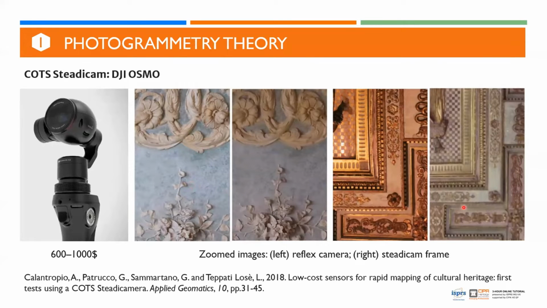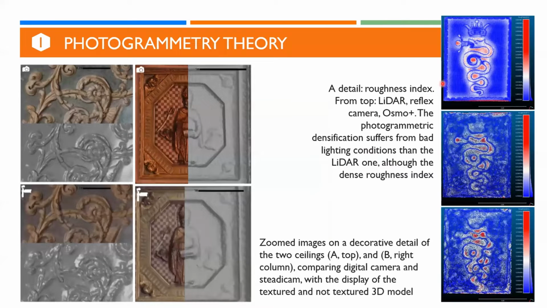So you can understand, especially from this part, that not always does the fact that we are using low-cost photogrammetry mean that the result could be worse. In some cases, it could be even better. It always depends on what we want to work on.